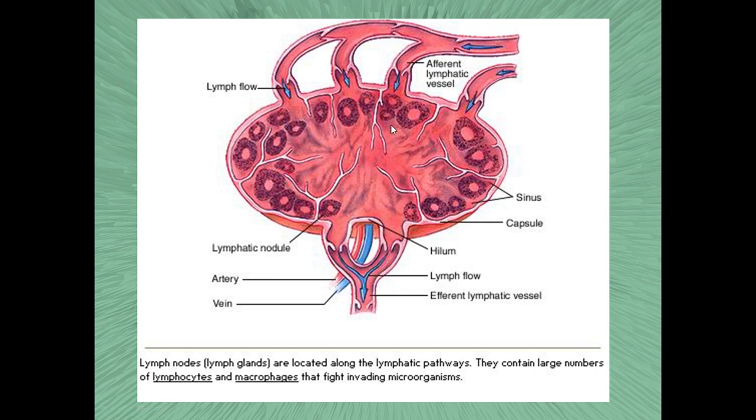In the center of the lymphatic node is the medulla, and it contains medullary sinus. After that, lymph moves to the hilum of the lymphatic node and through the efferent vessels, then continue its outflow.